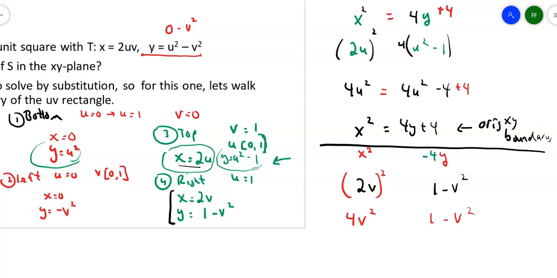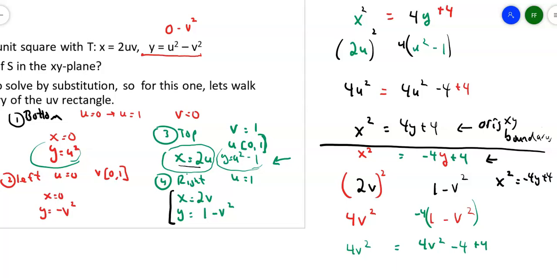So I'll multiply that y by negative 4. And I get what? 4v squared equals 4v squared minus 4. So if I add a plus 4, it looks like it solves everything. And so the other equation, the other boundary, is right up top here. It's x squared equals negative 4y plus 4.